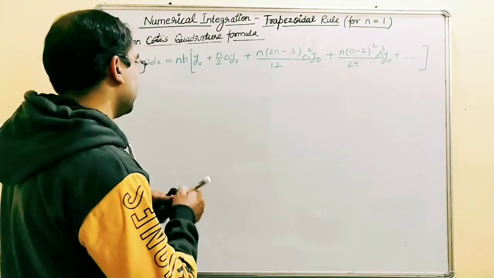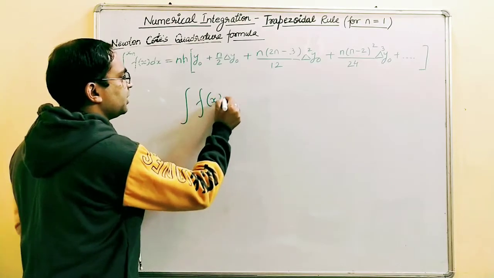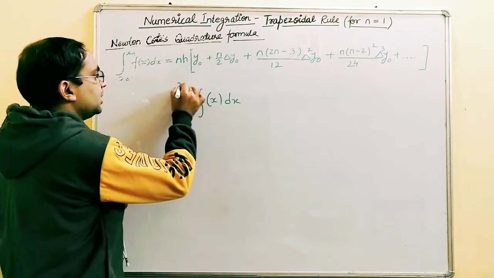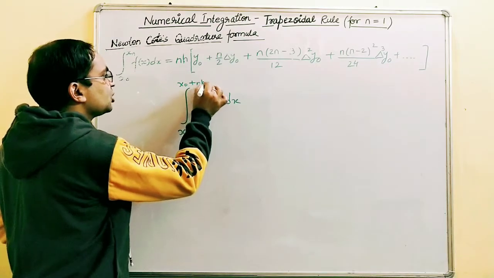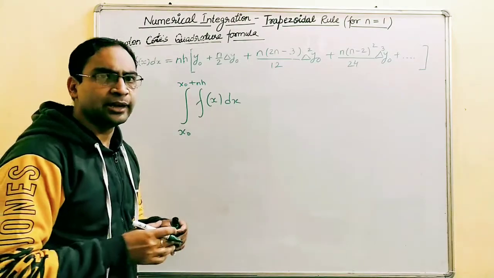Any function f(x), if it has to be integrated, let's say the integral of f(x) dx within the limits x0 to x0 plus nh, can be subdivided into smaller intervals.